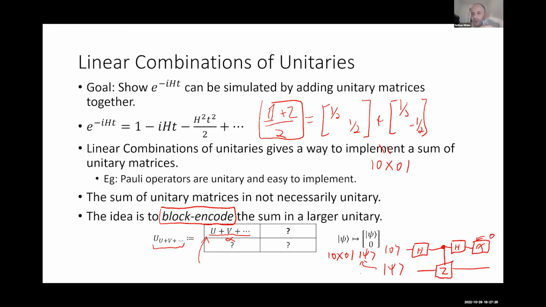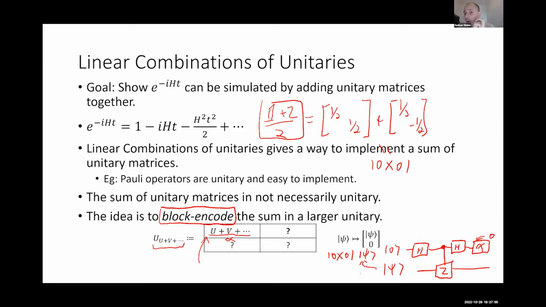But the TLDR, I guess, for this entire approach is that if you've got the ability to sum unitaries, you can actually build any matrix you feel like. Block encodings, for the first time, give us the clear freedom to apply any matrix we feel like, up to a normalization constant and some probability of failure, to a quantum state.